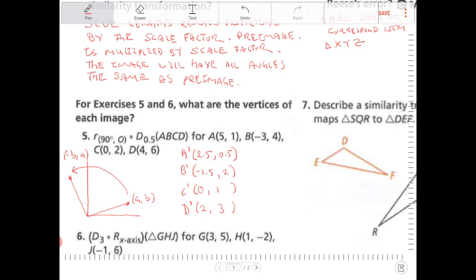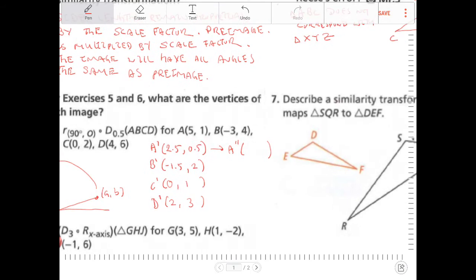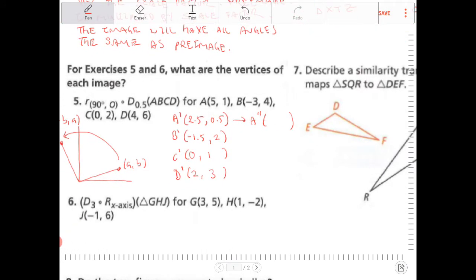So we're going to take all of these. A double prime will end up being negative 0.5, 2.5. I'm running out of room, so give me a second here. So A double prime will end up negative 0.5, 2.5.